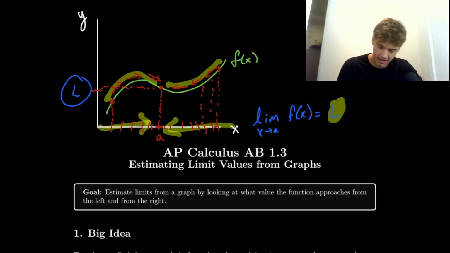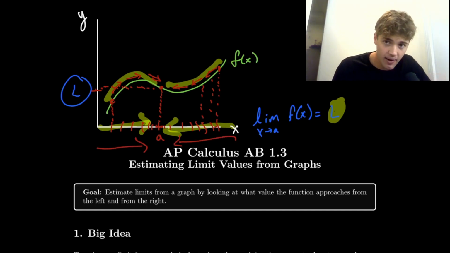Okay? Keep in mind that we're not coming really close to it from one side. We're coming close to a from both sides, right? We are coming in from the left-hand side and the right-hand side. But why can't we just go in from one side? Well, the limit only exists when we come in from both sides.